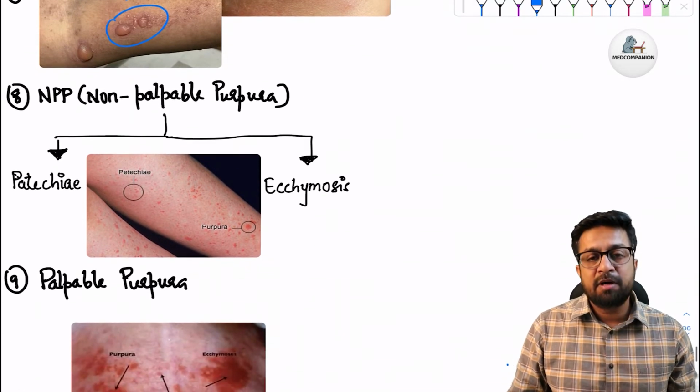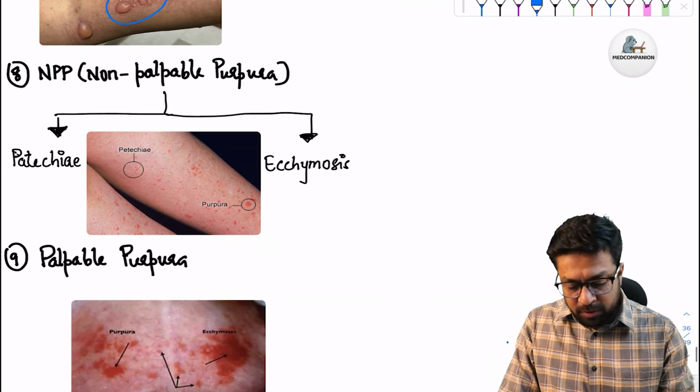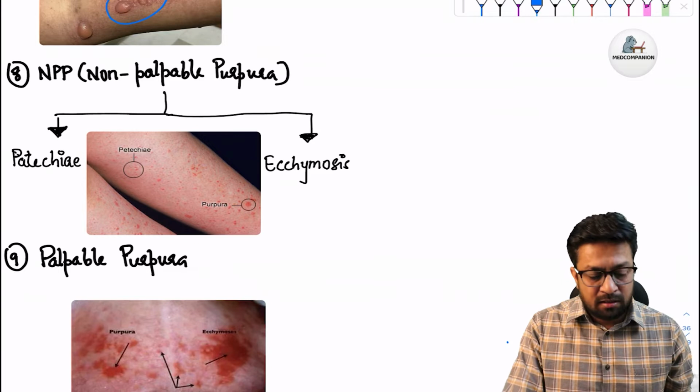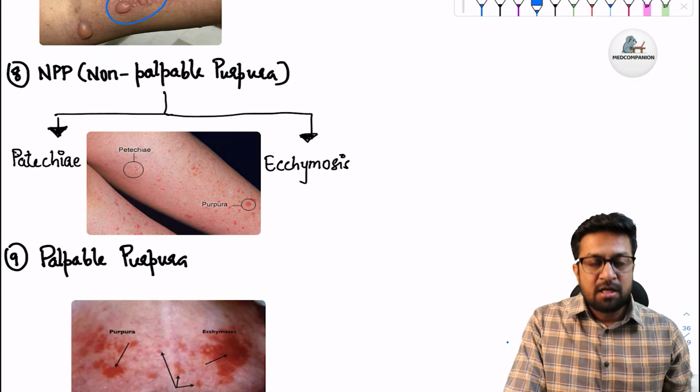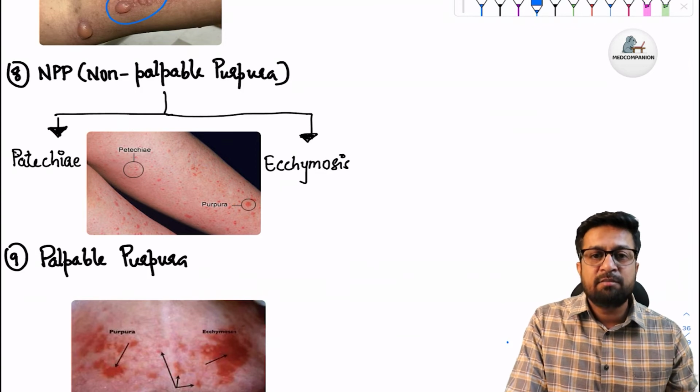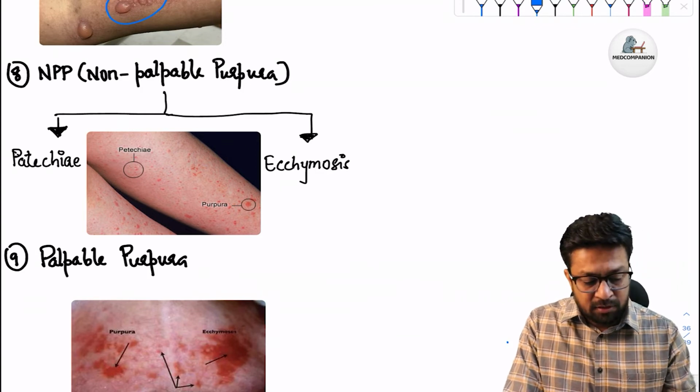Finally, we come to the purpura. Again, in the purpura, we need to understand the basic pathophysiological mechanism that underlie the causation of this purpura. So there is a non-palpable purpura and there is a palpable purpura. The underlying mechanism of both of them is different.